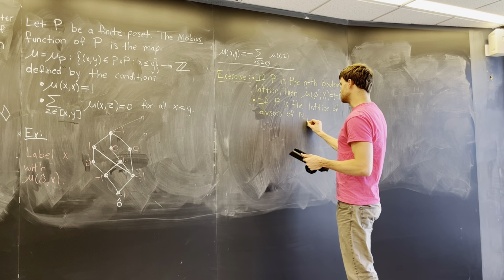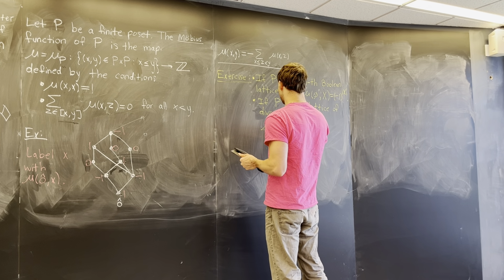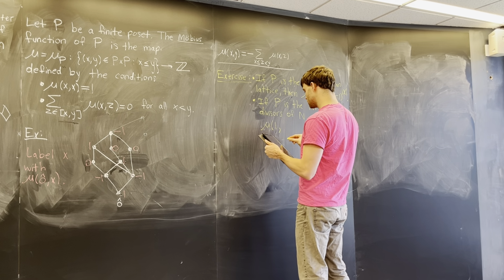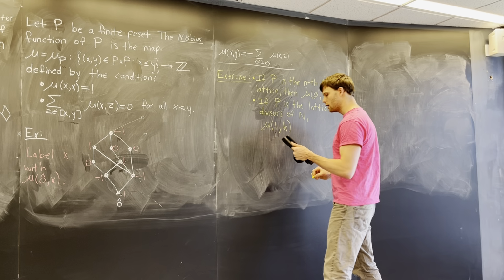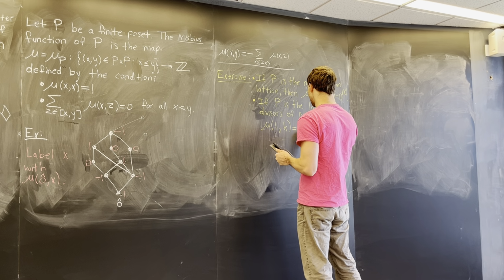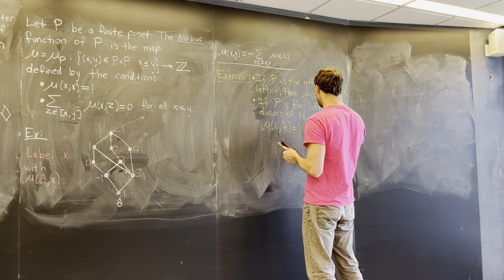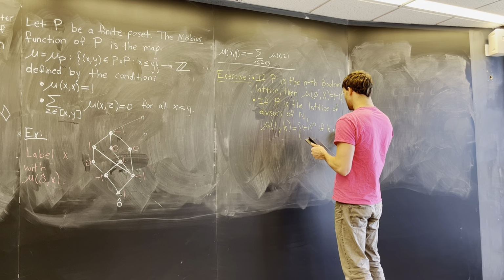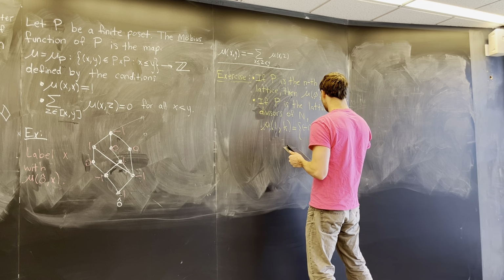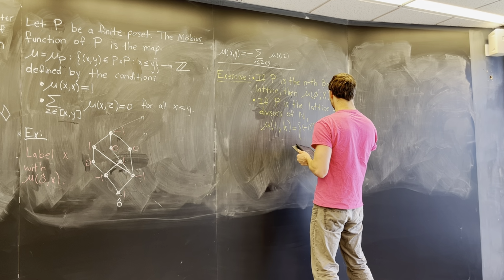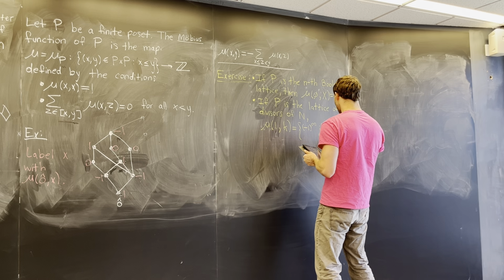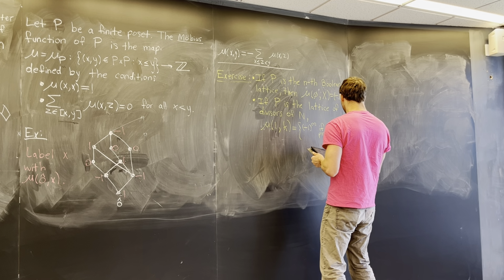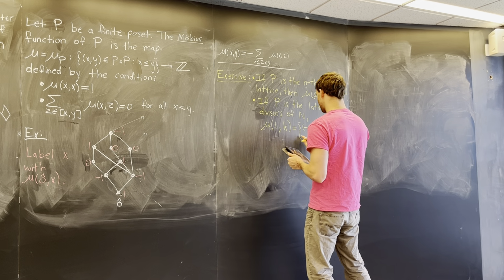In this case, if you look at mu of the bottom element, which is the number 1, comma some element, some number k, this is going to be -1 to the m if k is a product of m distinct primes, and it's 0 otherwise.